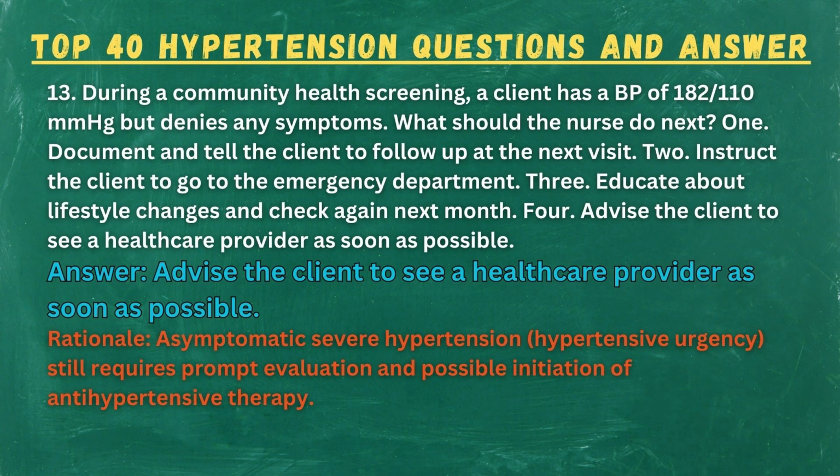Educate about lifestyle changes and check again next month. 4. Advise the client to see a healthcare provider as soon as possible. Answer: advise the client to see a healthcare provider as soon as possible. Rationale: asymptomatic severe hypertension, hypertensive urgency, still requires prompt evaluation and possible initiation of antihypertensive therapy.